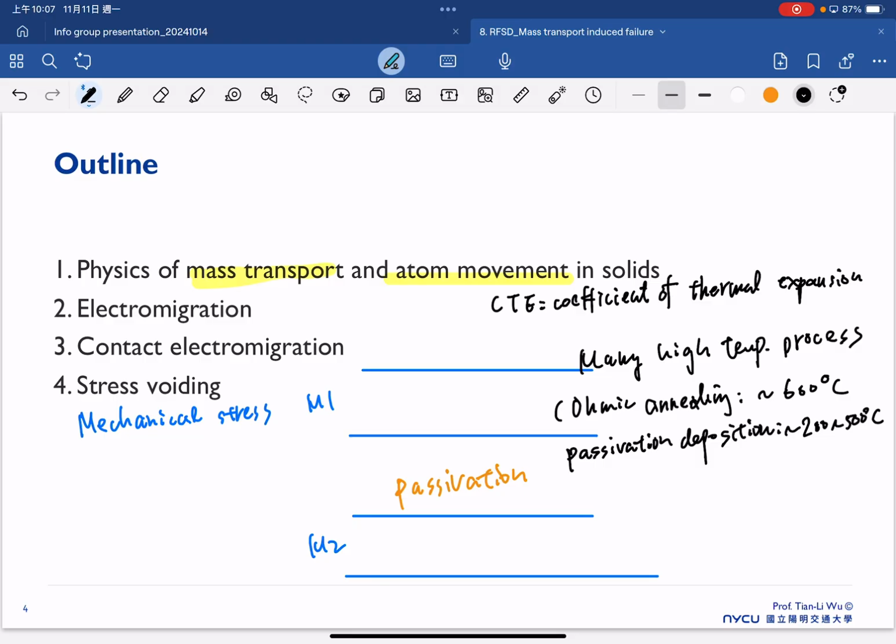But the idea is we always want to have very low temperature in the back-end process because we don't want to influence our front-end characteristic. But as you see, the whole chip is being in a different temperature environment. So the material has a different thermal expansion.